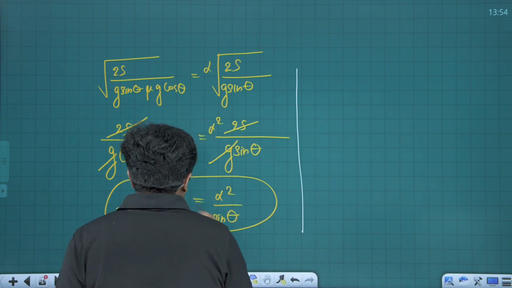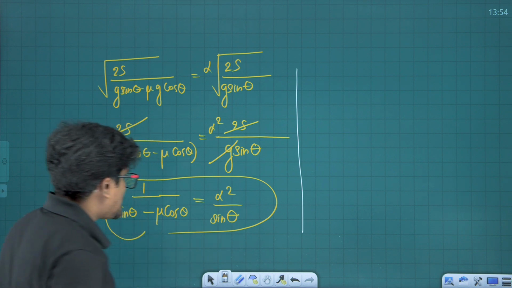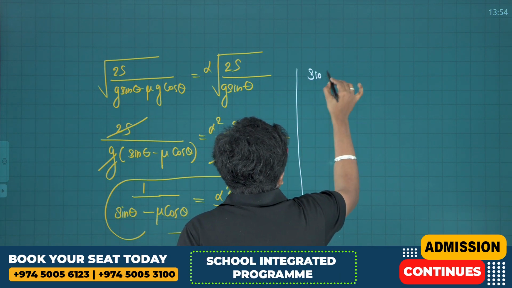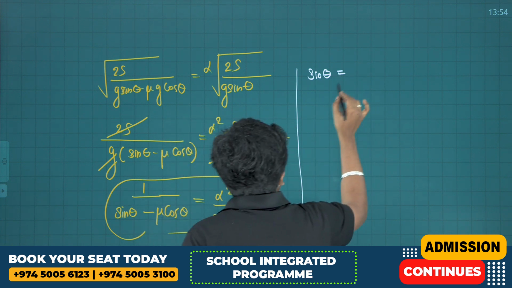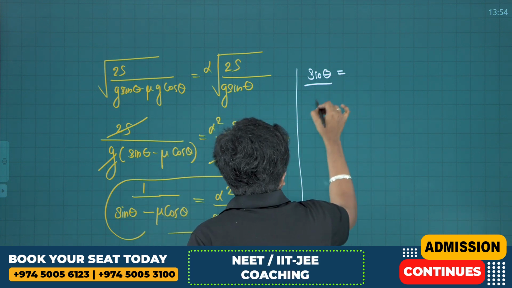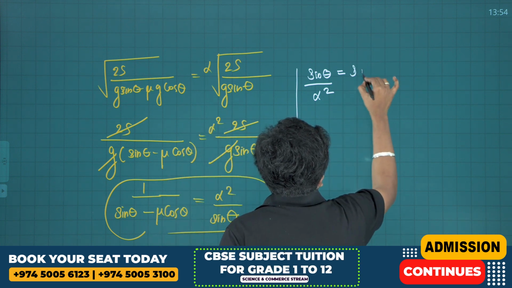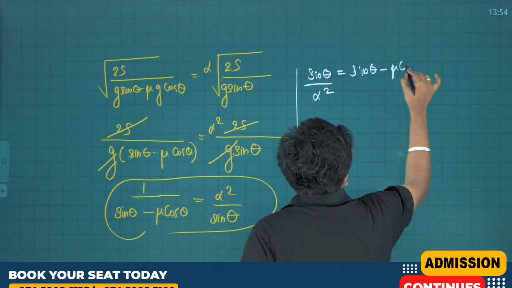We need the value of mu, isn't it? So once we need the value of mu, let me rearrange this first. Sine theta divided by alpha square is equal to sine theta minus mu times cos theta.